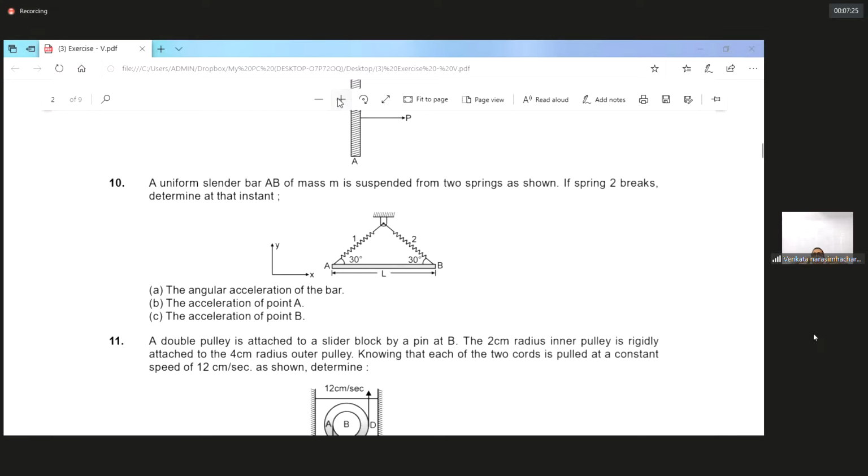I'll give you 2 minutes. Will you attempt? We will try. 10th question, exercise 5 of your booklet. Basically, a direct application of the concept of how to take the torque equation.